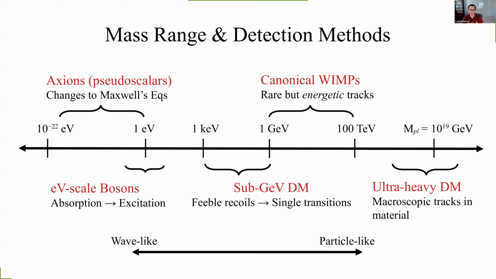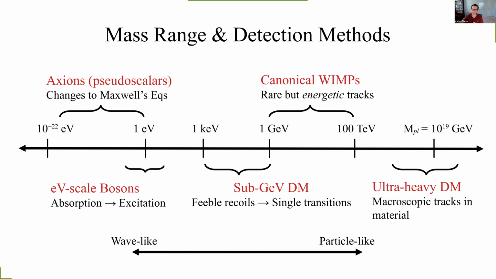These are bosonic things that behave a little bit like photons, but they're not exactly photons. As you go to even higher masses, you have dark matter candidates that are eV scale bosons. These are things that have the energy of visible light, and they can be absorbed onto your detection material, and you can look for these things that way.